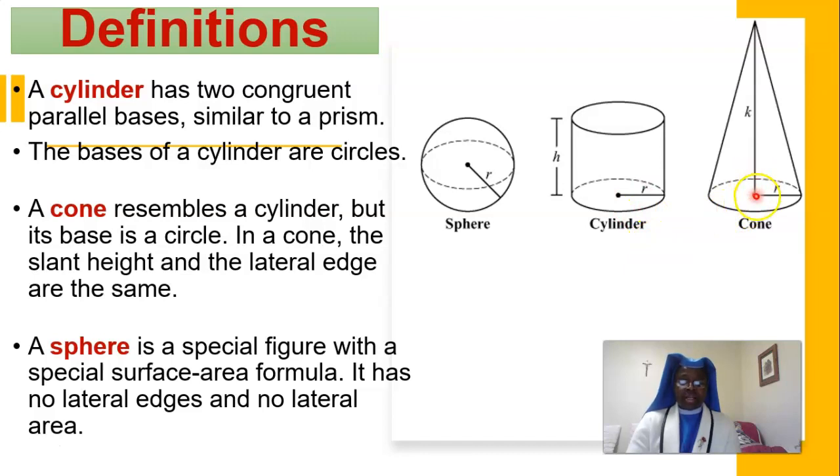Cones are similar to pyramids because they have a vertex and one base, but again, similar to a cylinder because the base has to be a circle. And then a sphere is a unique, special figure. It is just all round.